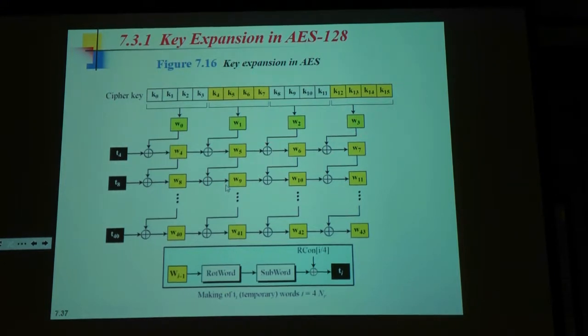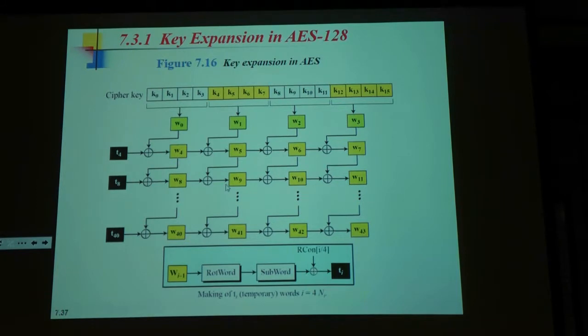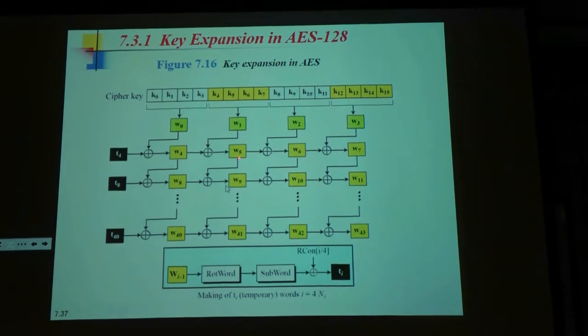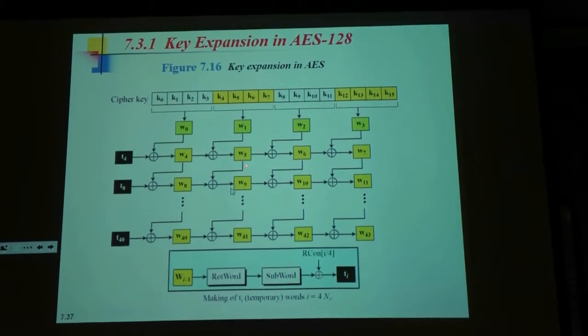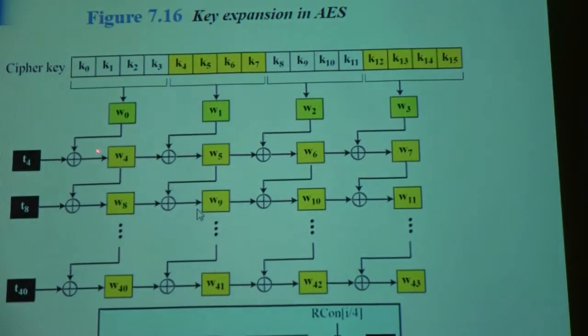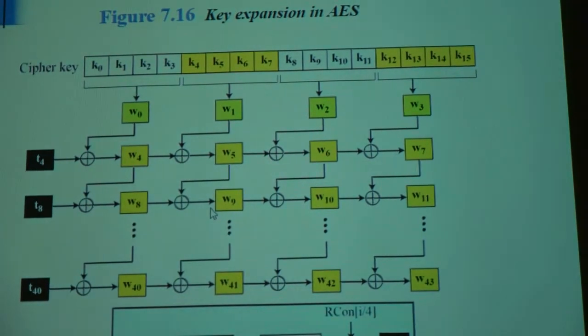Right? For the next one, what you do is take word 0 and XOR it with the temporary value. We'll see how to calculate the temporary value, and that will give you word 4. So you look at here. Word 5 equals what? XORing the word before it and the word above it.